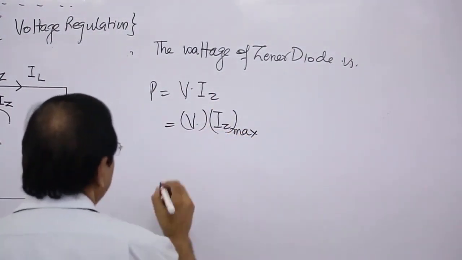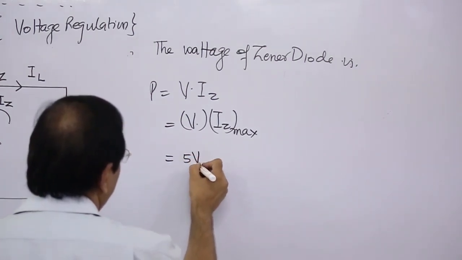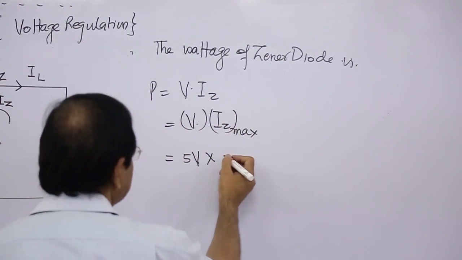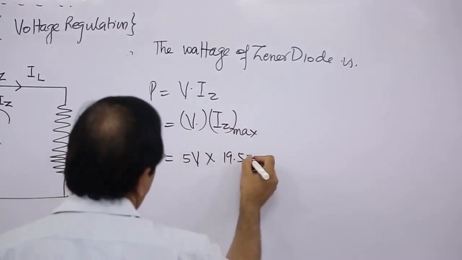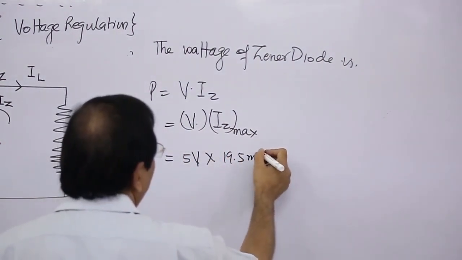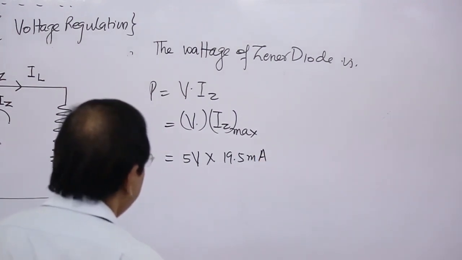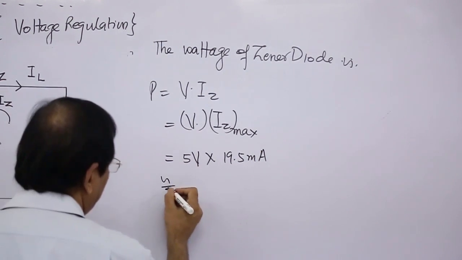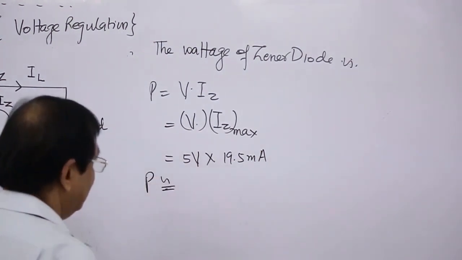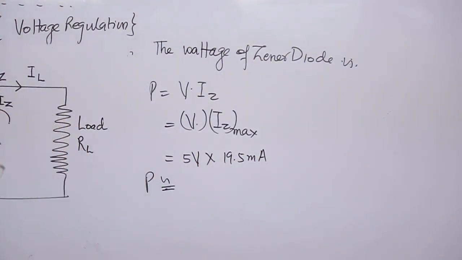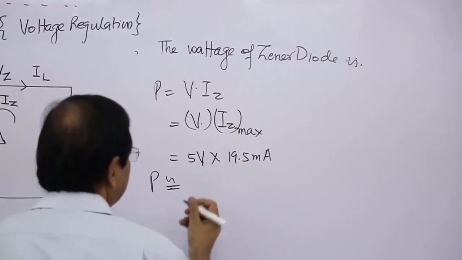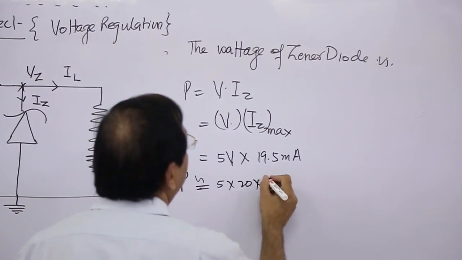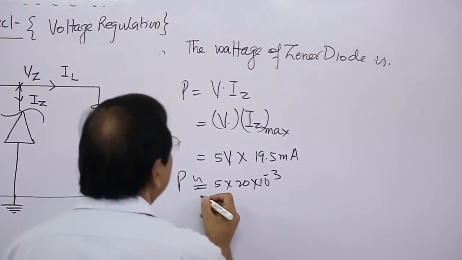V is 5 volt and I is say 19.5 milliampere. If you take the approximate value for the wattage, this is say 5 into 20 into 10 to the power minus 3.